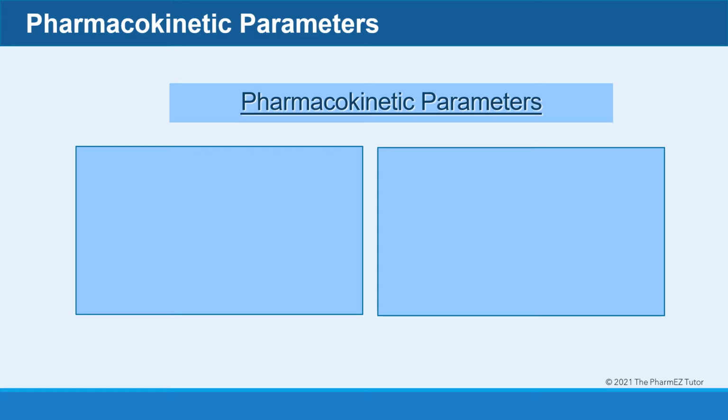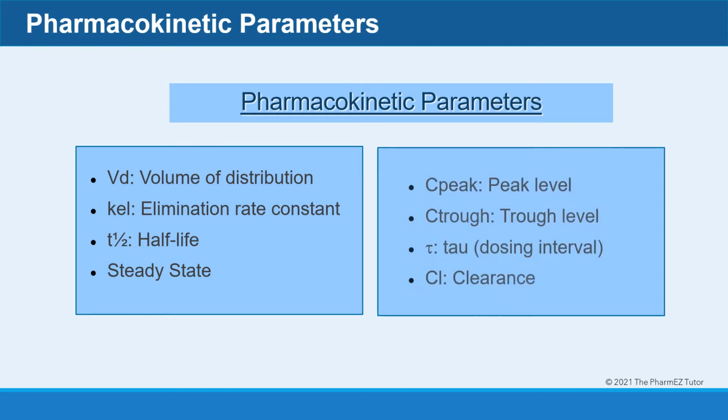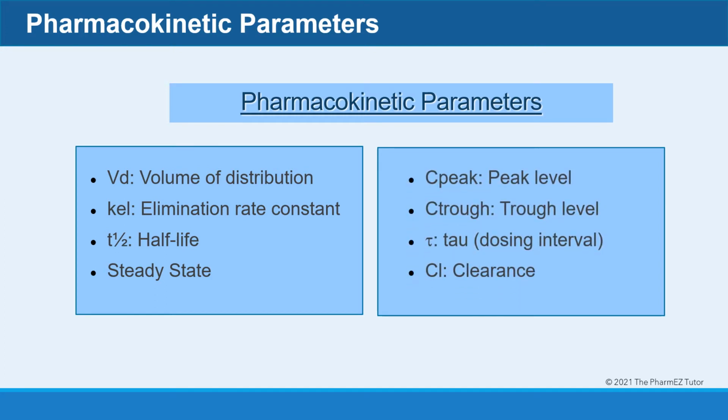Here are the key pharmacokinetic parameters that we will be using. Vd, or volume of distribution, KEL, which is the elimination rate constant, T1/2, half-life, steady state, C peak, or peak level, C trough, or trough level, tau, or dosing interval, and clearance, CL.